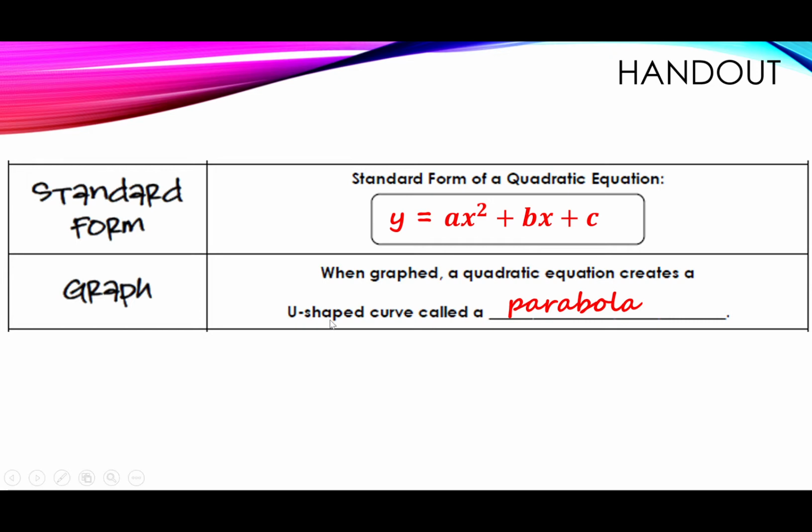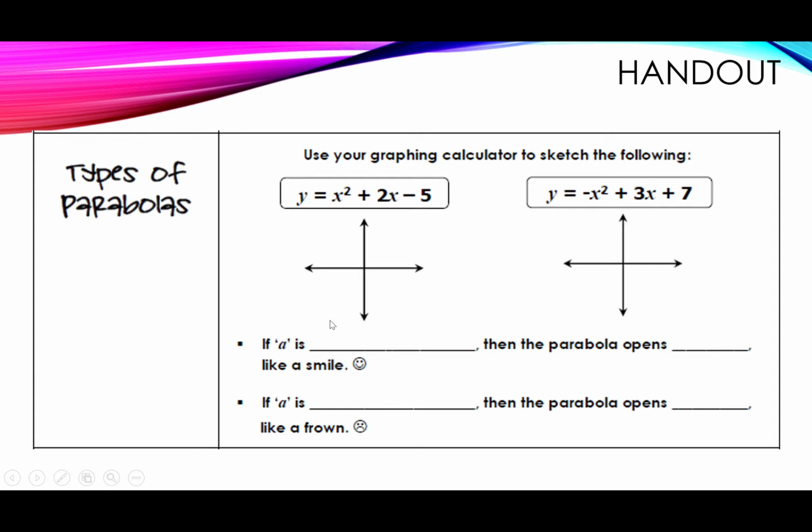All right, so let's take a look at what we're talking about here. The very first thing we're going to do is take our calculators, go into y equals, go to x, and plug in x squared plus 2x minus 5. We hit graph, and it will graph the equation for us.